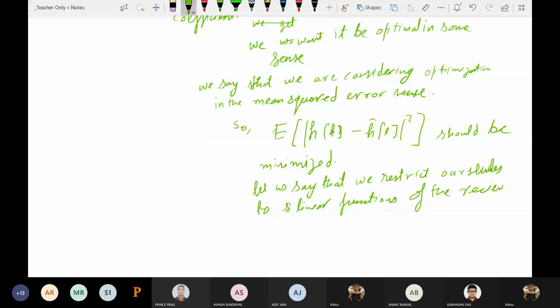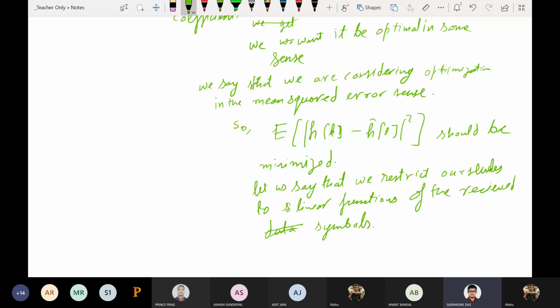I can do that. Restrict ourselves to linear functions. No complicated tan inverse, 1 over x square kind of functions. Restrict ourselves to linear functions. Simplicity. Fine?